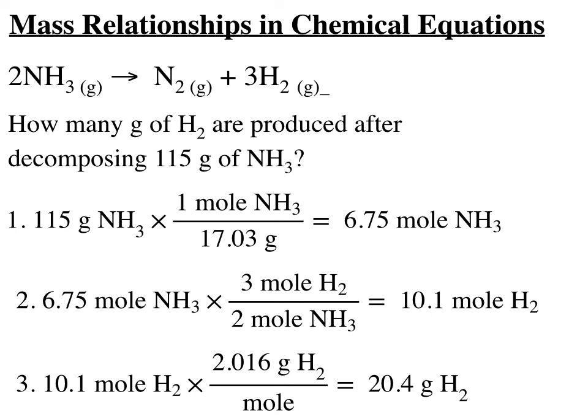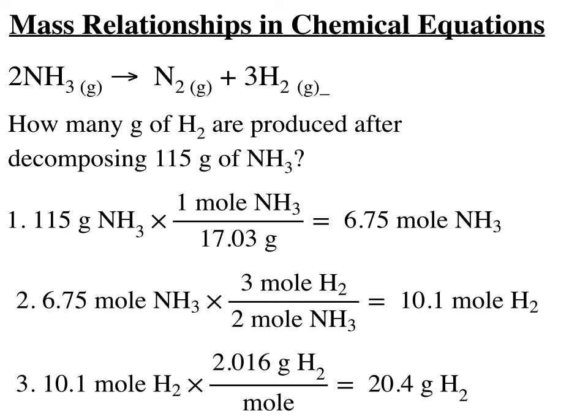Well, the NH3 weighed out to be 115 grams, and when I decompose it, 20.4 of those decomposed grams are due to the H2 that was present in that NH3. Well, guess what? The rest of it must be due to the N2 in the NH3, and if I subtract 20.4 from 115, I get 94.6 grams of N2 that must have been the remaining component of that ammonia.